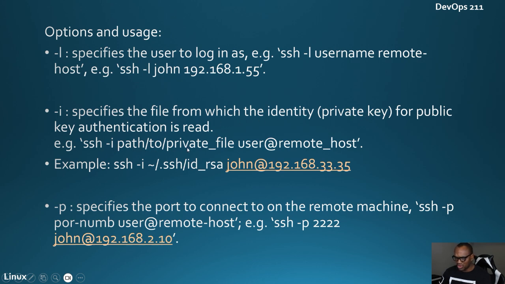You state the private key with its path, then the system user at the IP address of the remote host. You can use -p too with it like this. And let's go and check an example.